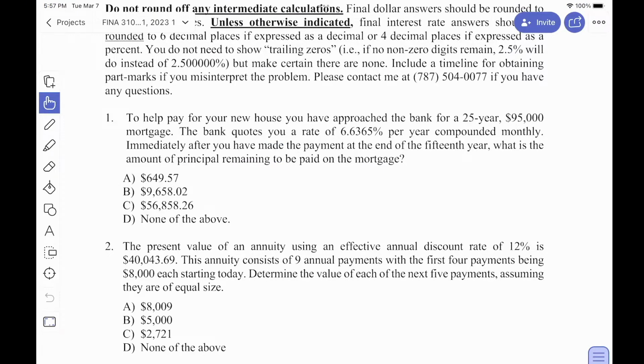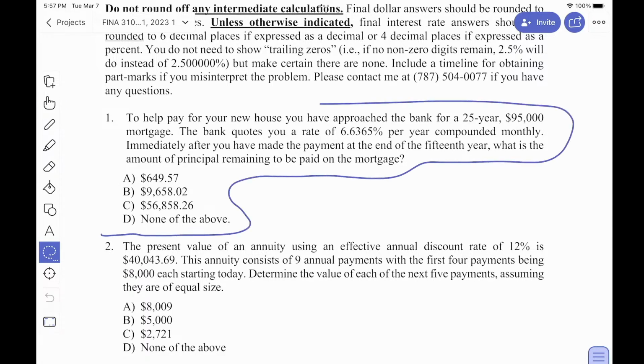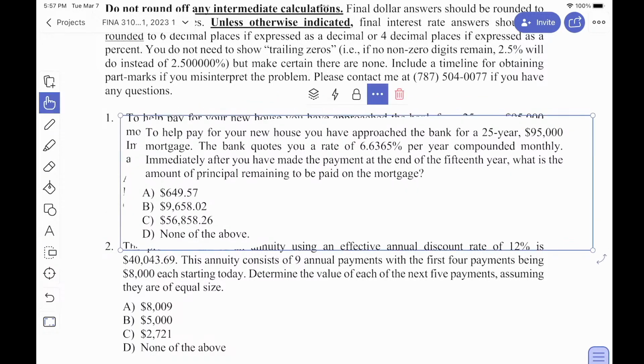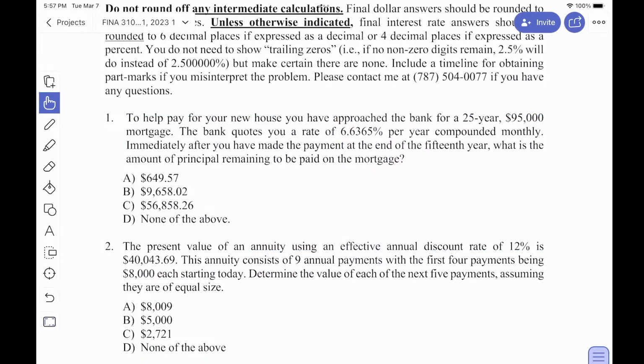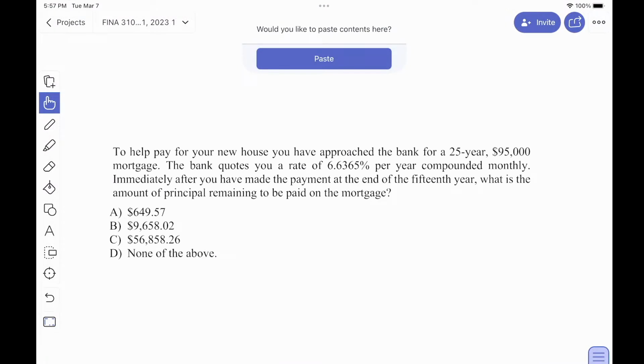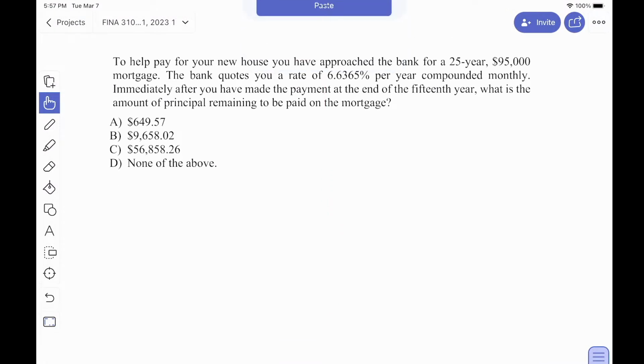Okay, so I have a bunch of exercises here, unless you guys have a question from the ones I've already given you. So I'd like you to try these, and then I'll give you 5 minutes, and then we'll try it together. All right, so here's a problem. There's an interest rate conversion in there. It's not a hard one. So take 5 minutes, see what you can do, which is the right answer.